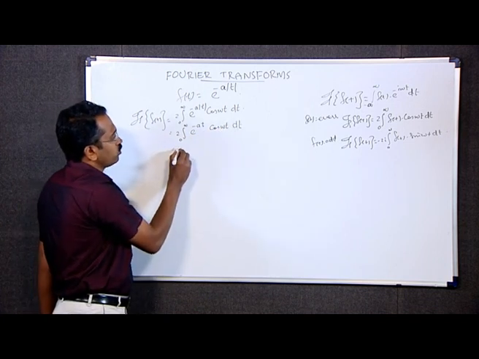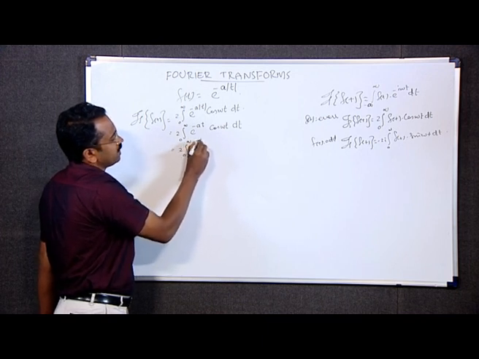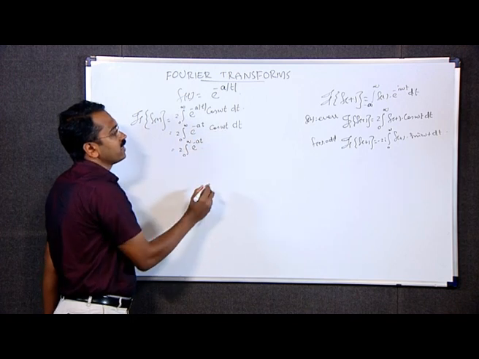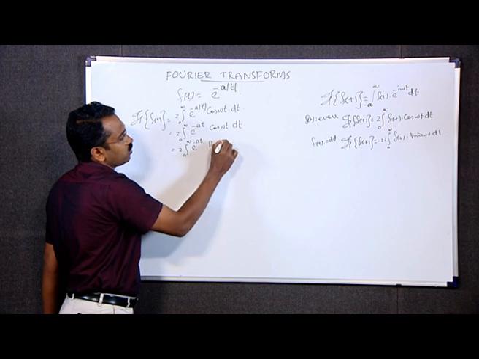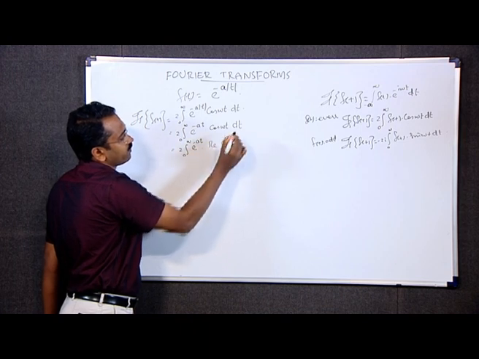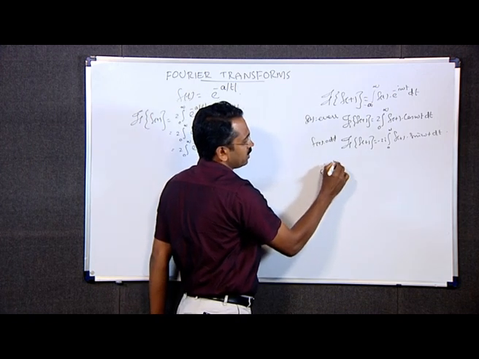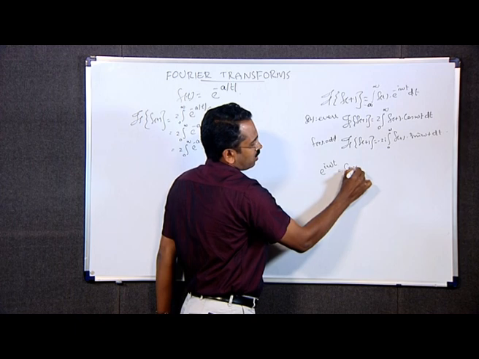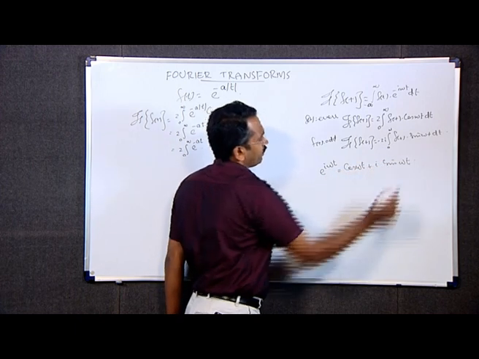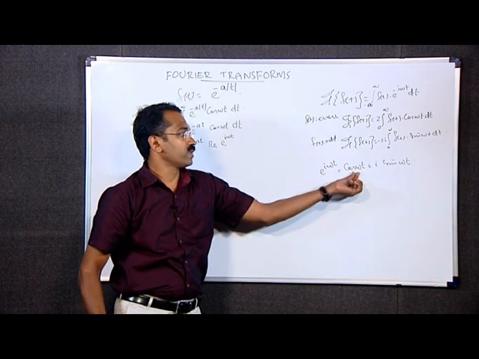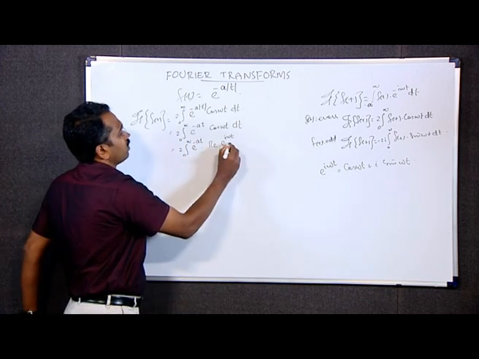That is equal to 2 times the integral from 0 to infinity of e raised to minus a t into cos omega t, which can be written as the real part of e raised to i omega t, because e raised to i omega t is equal to cos omega t plus i into sin omega t. That means cos omega t is the real part of e raised to i omega t dt.